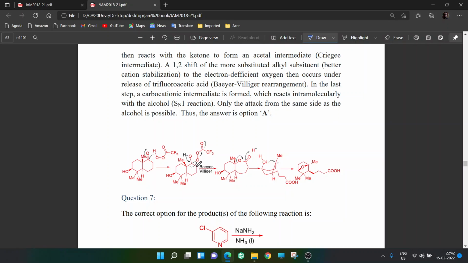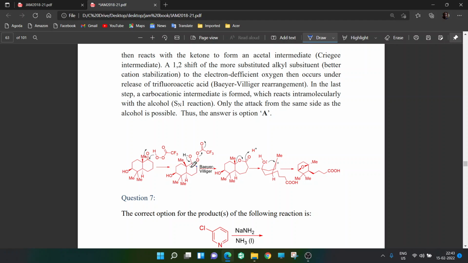If you see here, if this carbon had moved and attacked this oxygen, the carbocation here would be primary. But if this moves, it gives a tertiary carbocation, because you see 1, 2 and 3 substituents are there. So the tertiary carbocation is more stable.